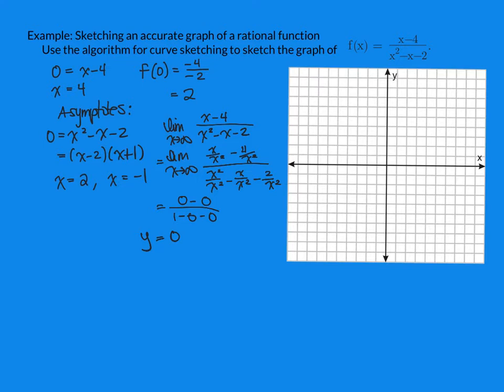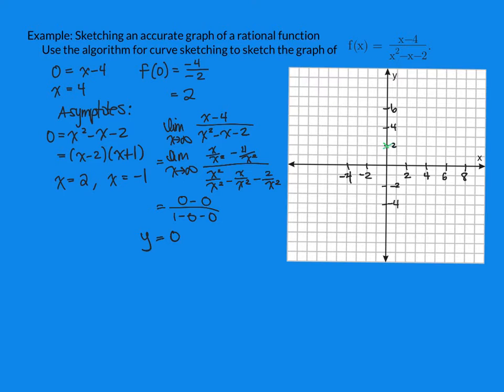So let's just go with a 1-to-1 ratio for our scale. And now we can plot our intercepts.